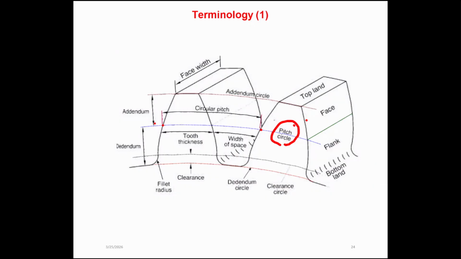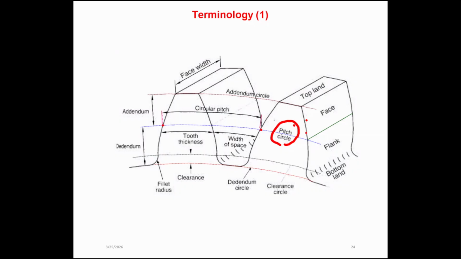Then addendum and dedendum. When we measure the distance between the pitch circle and the top land, the top land is this face, the top surface. That distance is called the addendum, right?